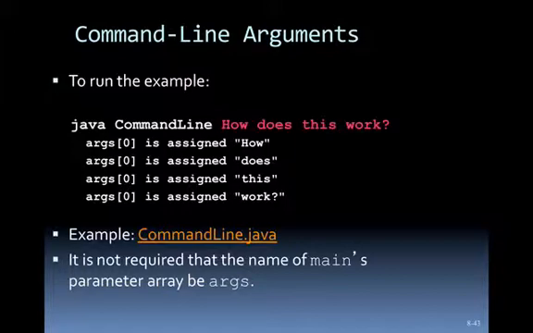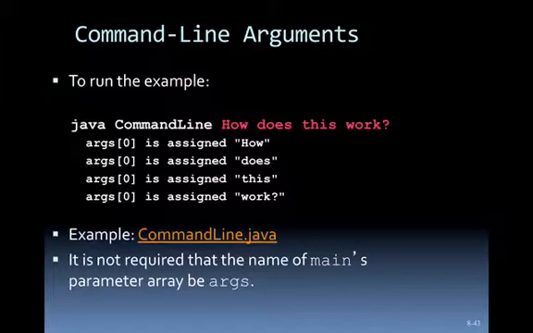You can thank your book publisher for that one. Args sub 1 gets "does," as that's the second command line argument. Args 2 gets "this," as it is the third command line argument, and args 3 gets "work," as it is the fourth.